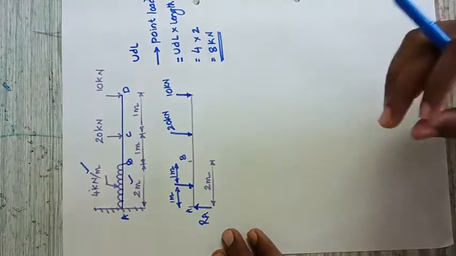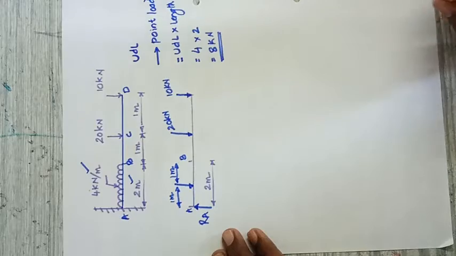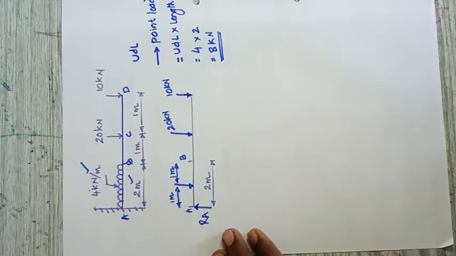It is acting at the middle of the span, 1 meter on the left side and 1 meter on the right side. On both sides it is equally distributed.